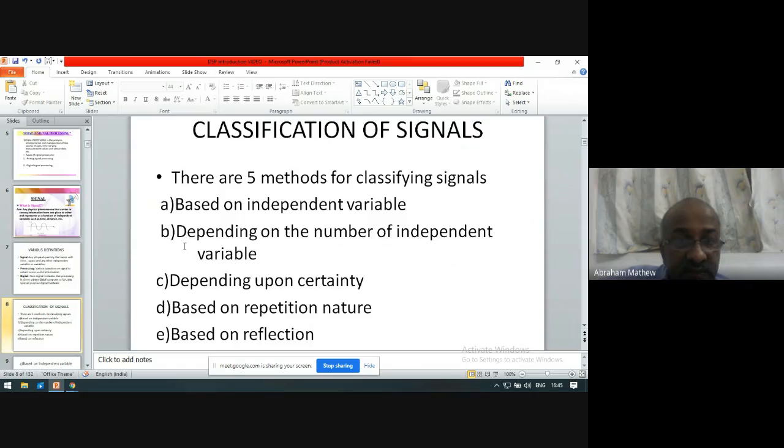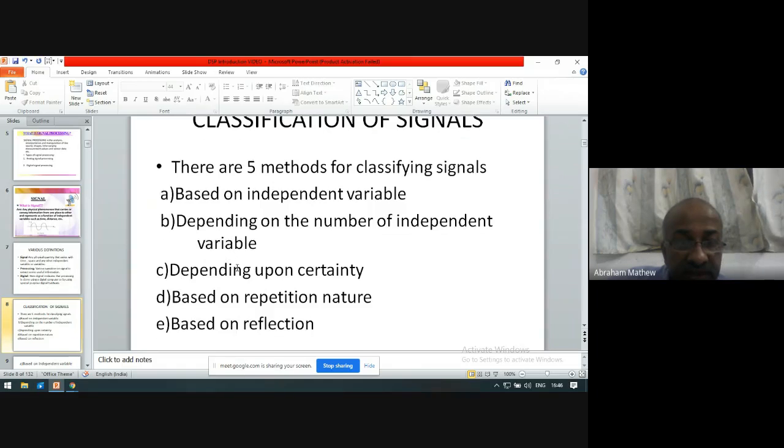We can classify signals based on the number of independent variables. Again, we can classify signals depending on certainty.